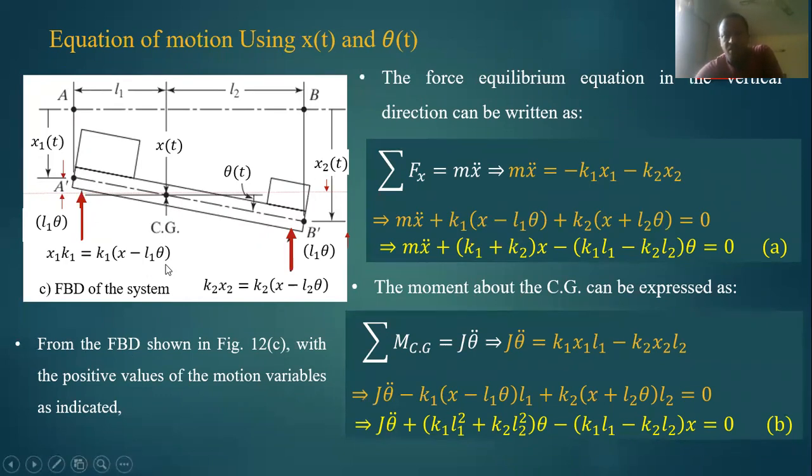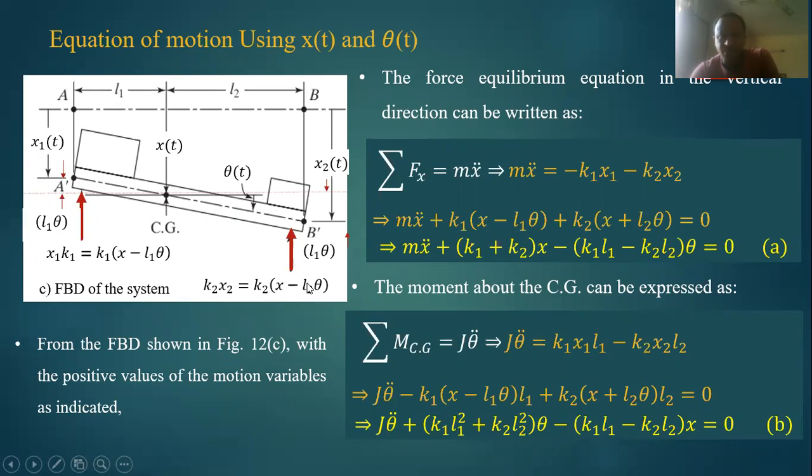For small angle theta, we can directly use theta. So L1 theta is the distance from A prime to this position. And x2 is equal to x minus L2 theta.